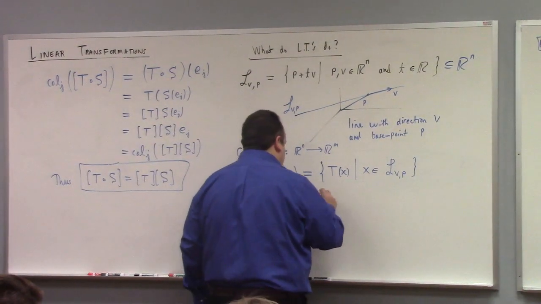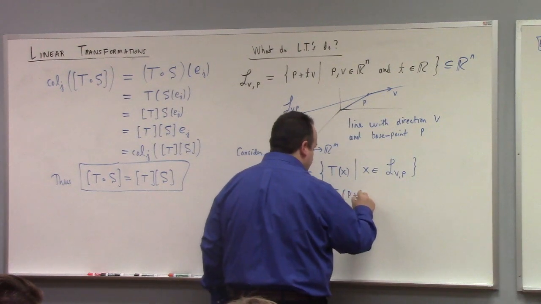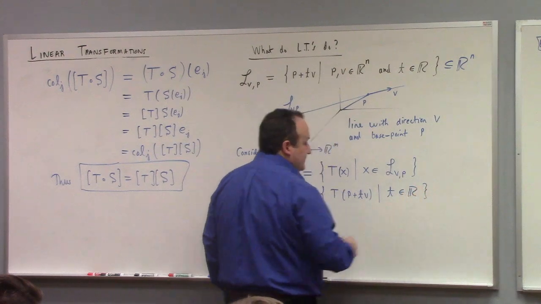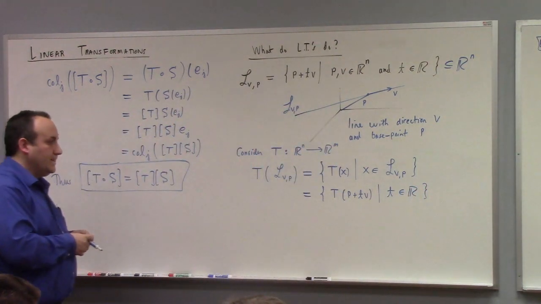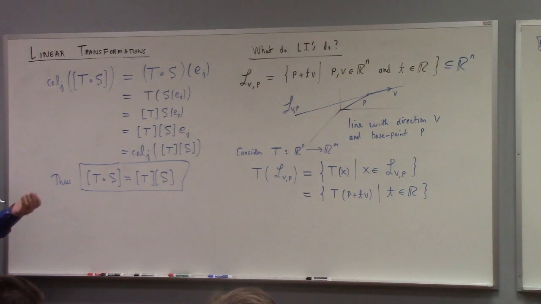And so what we're really looking at here is T of p plus tv, such that t is a real number, yeah? Does that make sense? Do you see what I did? What is x? If x is in that line, that means there exists some time such that p plus the time times the direction vector gives you the point on the line. That's an arbitrary thing. So it's the same set of points there.